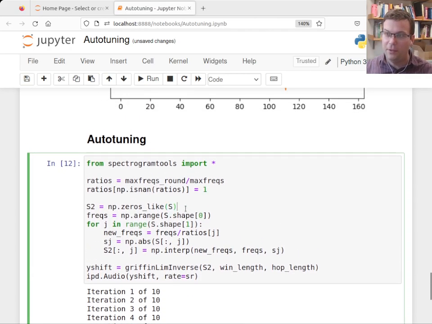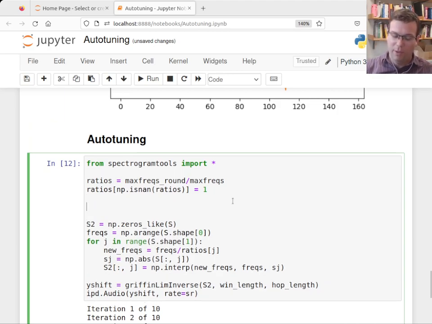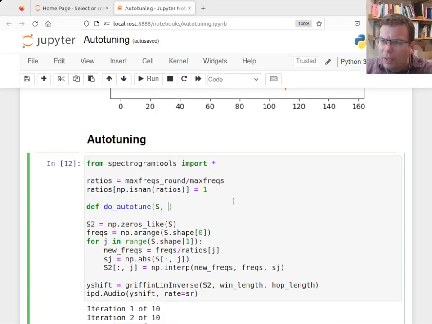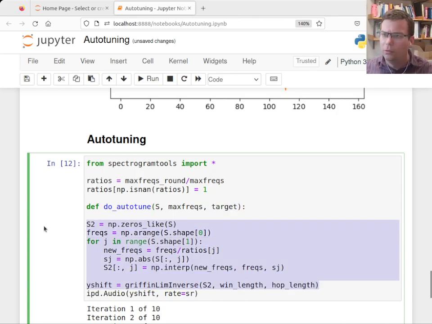So let me encapsulate this in a method. So maybe I'll say def do_autotune. We take in the spectrogram, we'll take in max freqs, and then maybe I'll call it target or something.